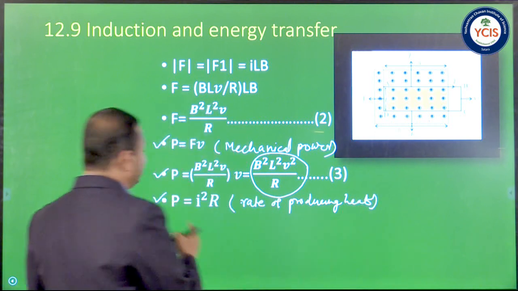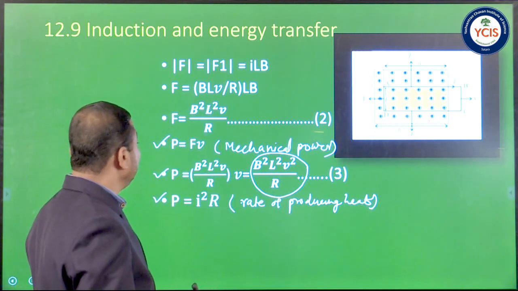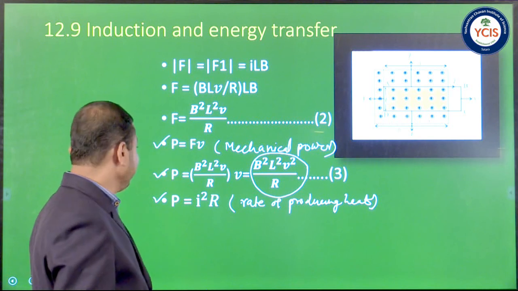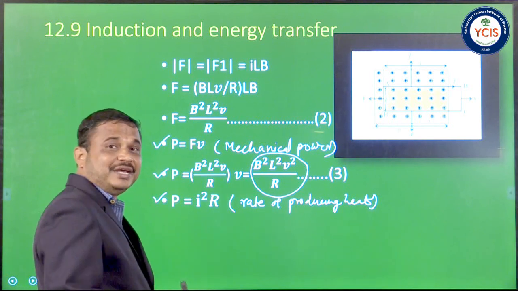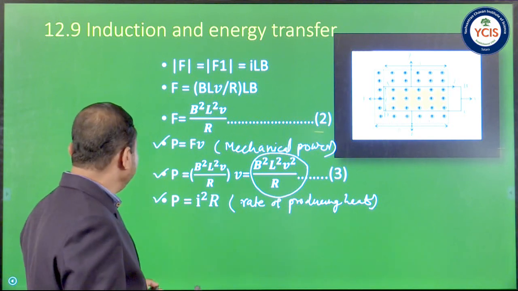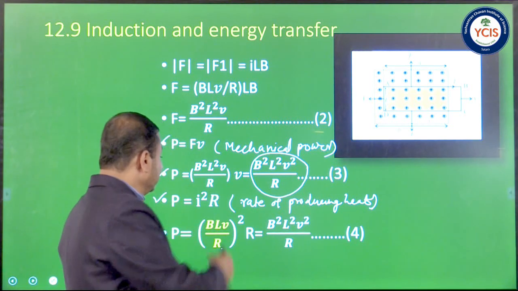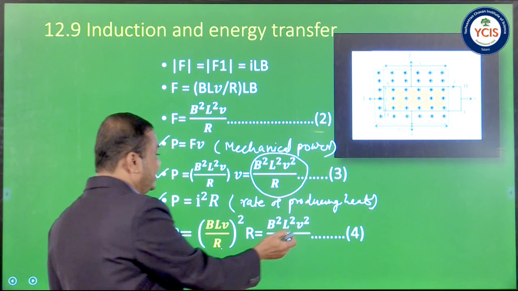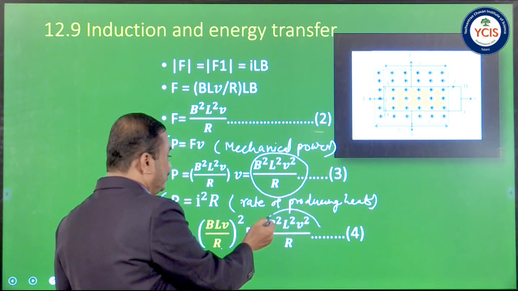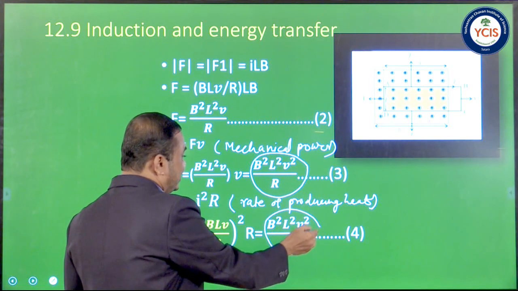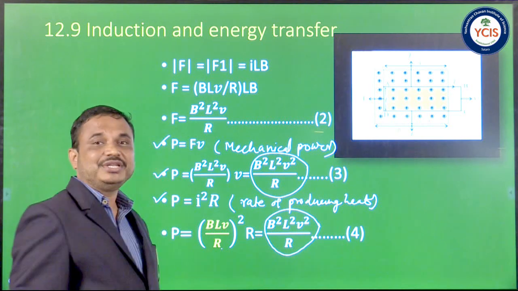So heat is produced at the rate P equals I square into R. Substituting I equals BLv upon R, its square into R, we get B square L square v square upon R. That is equation number 4.